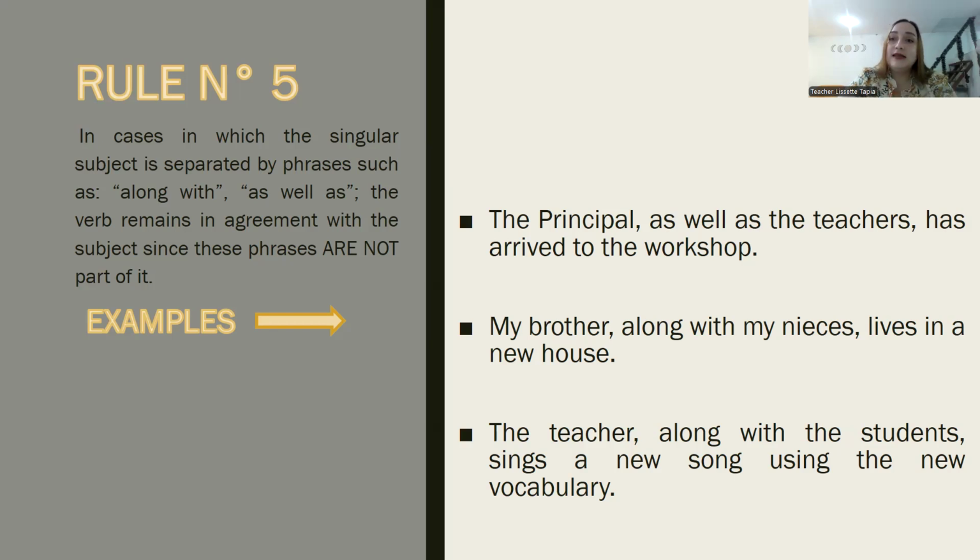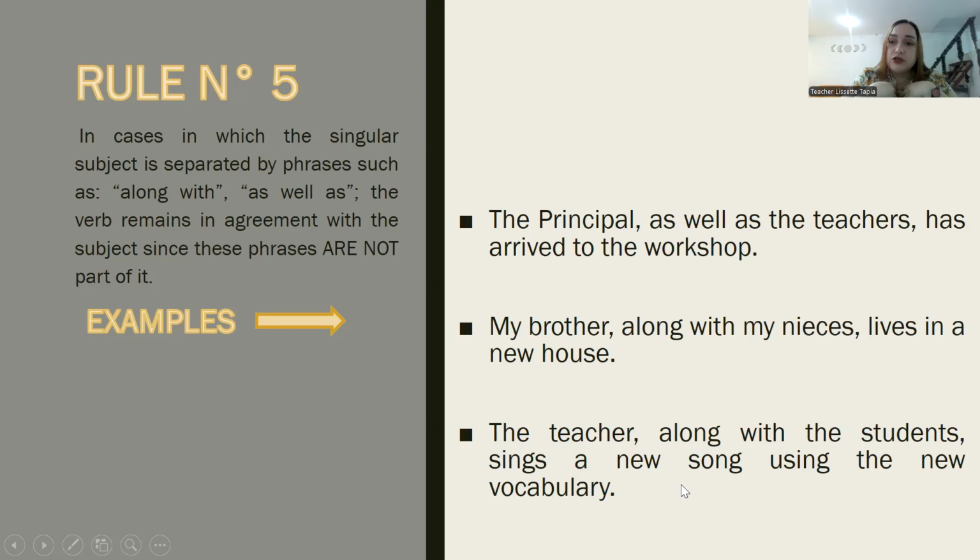If I say that the principal is here, it's obvious that all the teachers who came with the principal are in the same place. So with as well as and along with, as this is extra information, it is not necessary to change the verb. Another example: the teacher along with the students sings a new song using the new vocabulary.